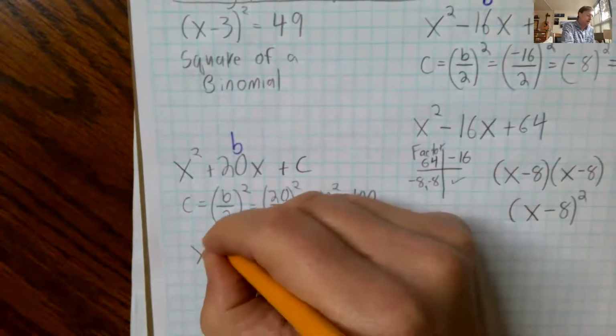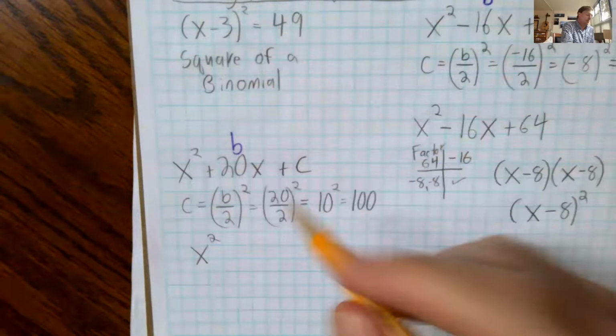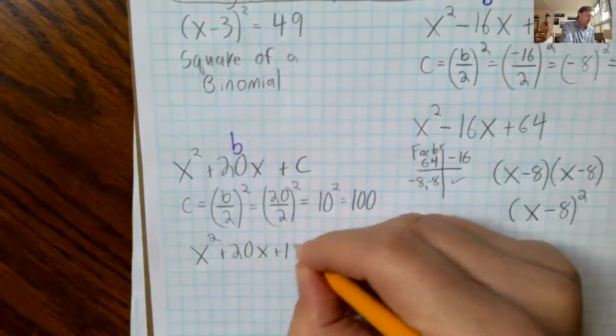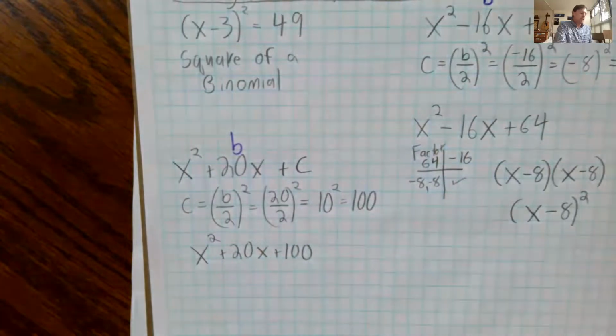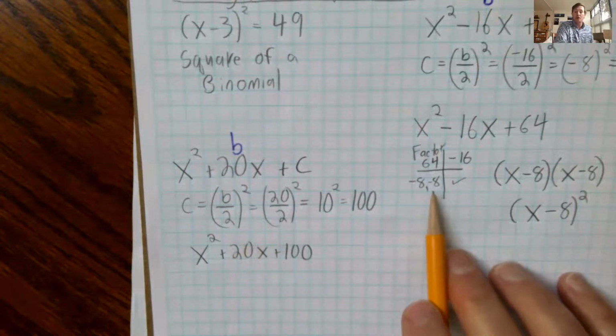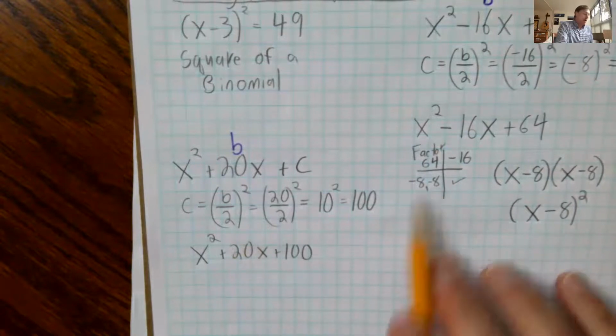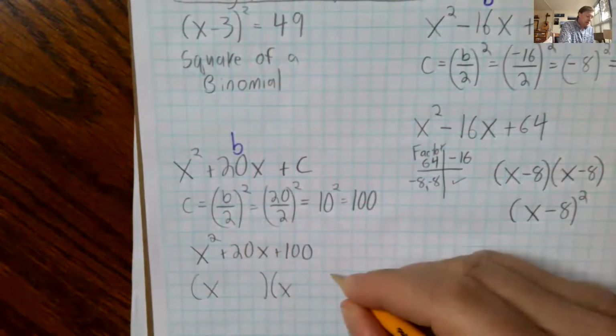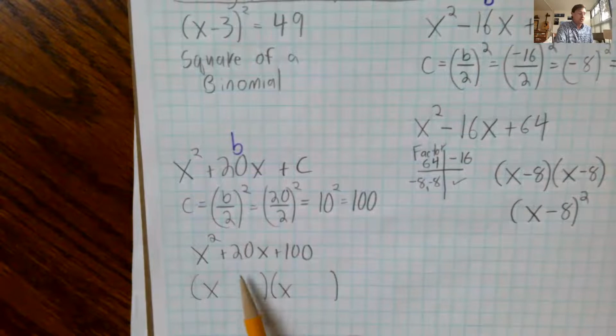I'm going to rewrite this as a perfect square trinomial. And now I can figure out the factors. And a little tip, instead of having to do this process over and over again, my term inside the parentheses is just going to be half of this B term.